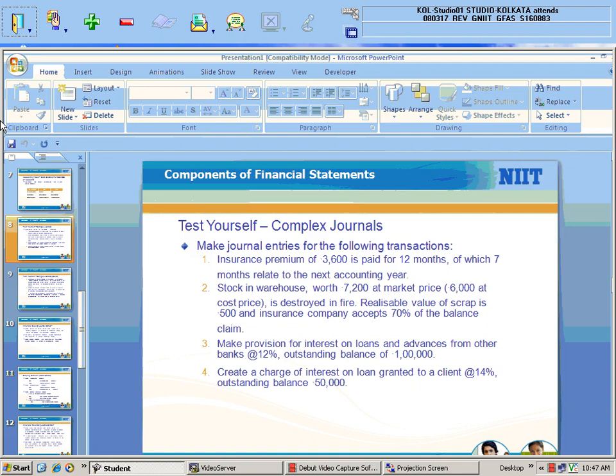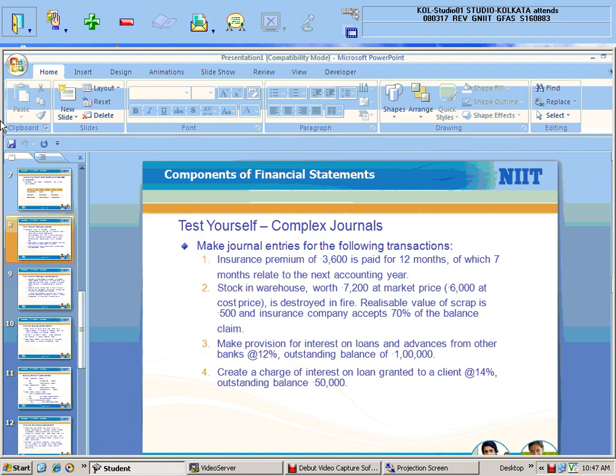So here are 3 accounts involved in the transaction. One is cash, the other is insurance expense, a nominal account, and the third is the prepaid expense account, because 2,100 of the payment made is for the next accounting year. So it's a prepaid expense, which is a representative, personal account.